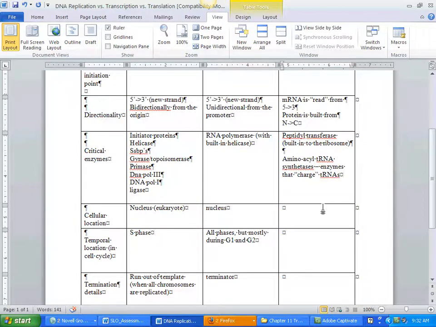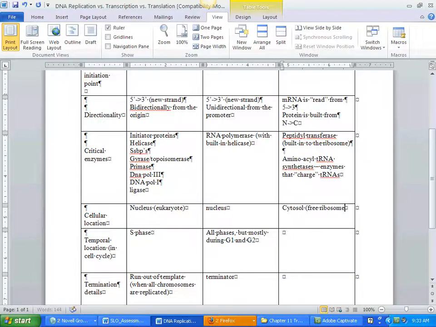The cellular location, remember the ribosomes are in the cytosol. So you have the free ribosomes in the cytosol. And remember, all translation starts on free ribosomes. That's part of the signal hypothesis. The ribosome may move from the cytosol and then attach to the rough ER, but all translation initially starts on free ribosomes.